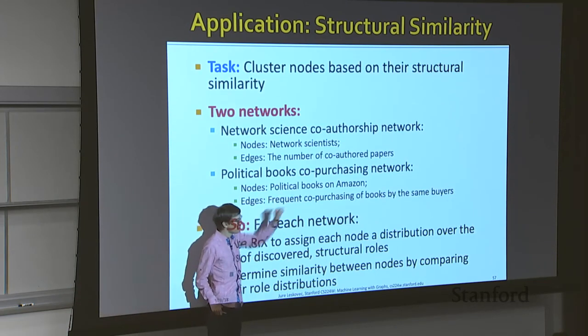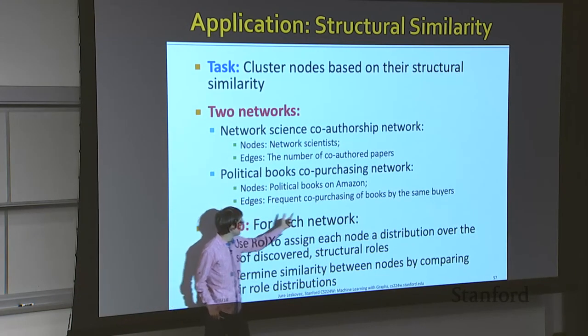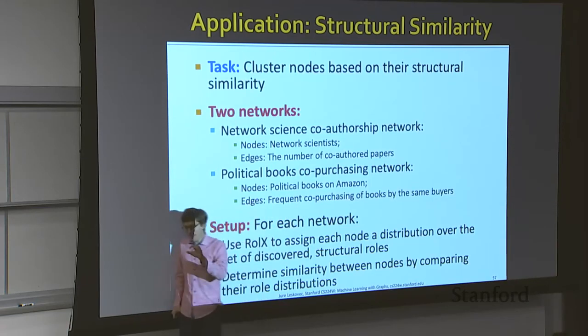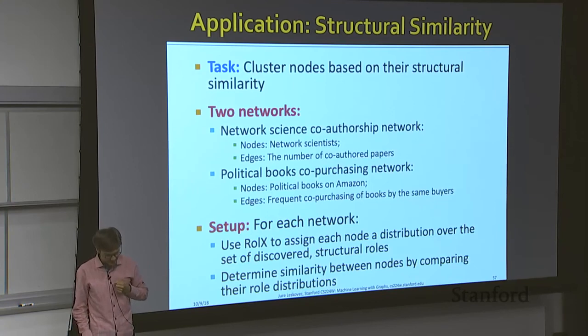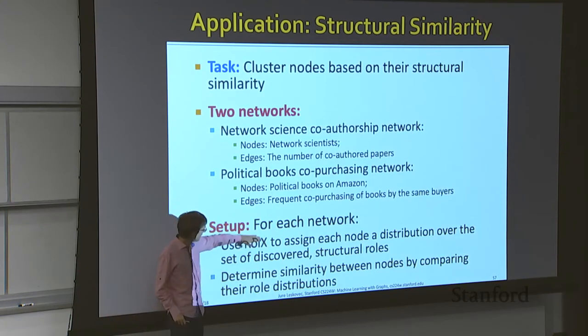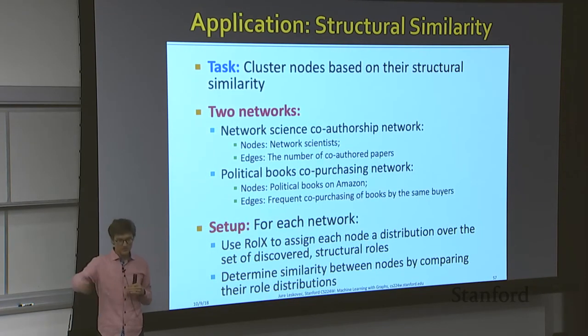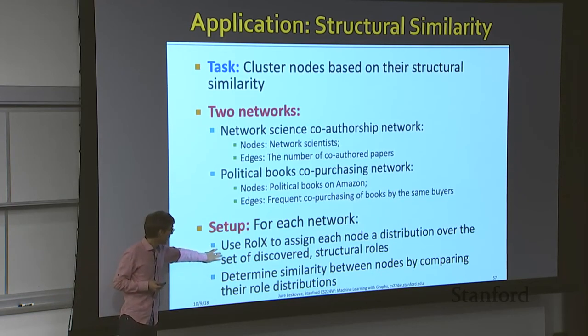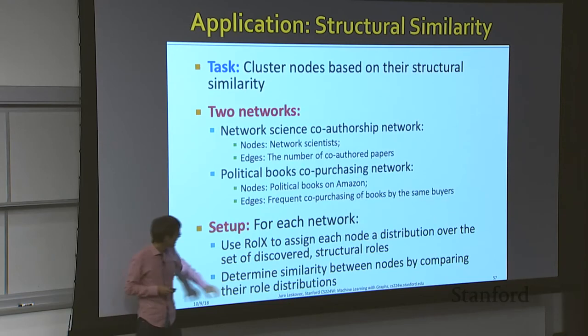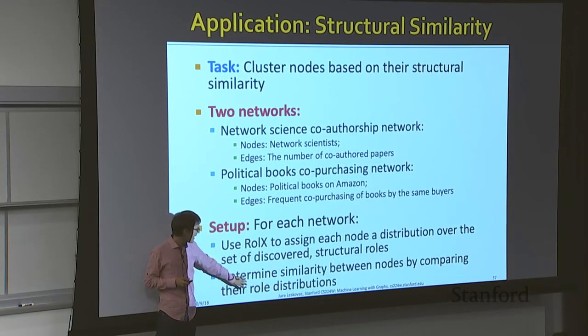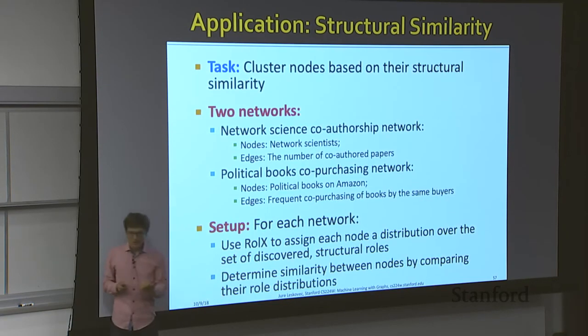Every node will be a book on Amazon, and edges will be the number of people who buy the two books together as part of the same basket. For each of the two networks, we will use this RolX method, so recursive feature extraction and clustering, to assign each node to a set of discovered structural roles. And then we can look at the similarity between the nodes by comparing their roles.